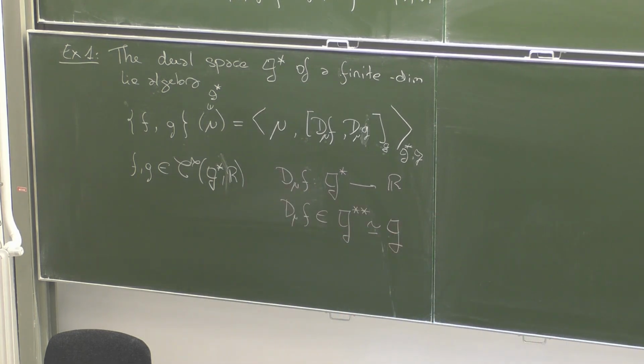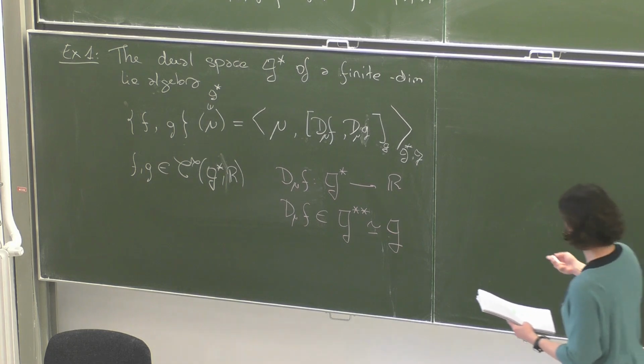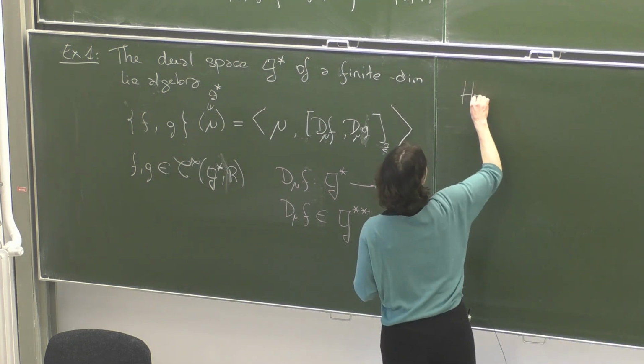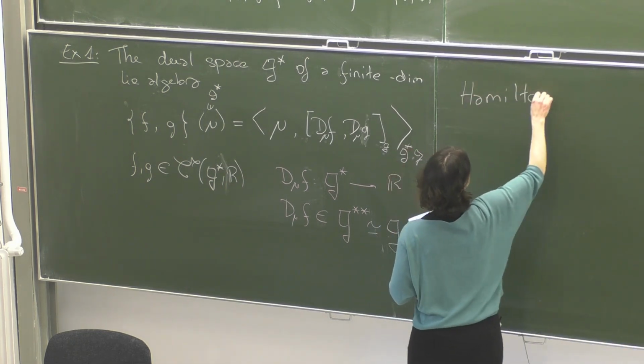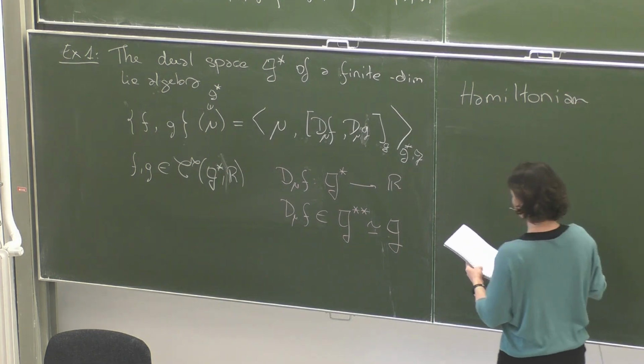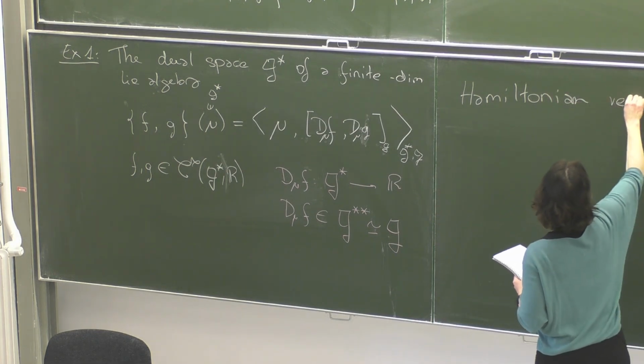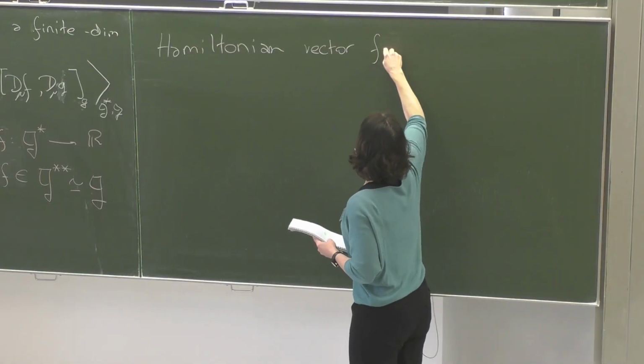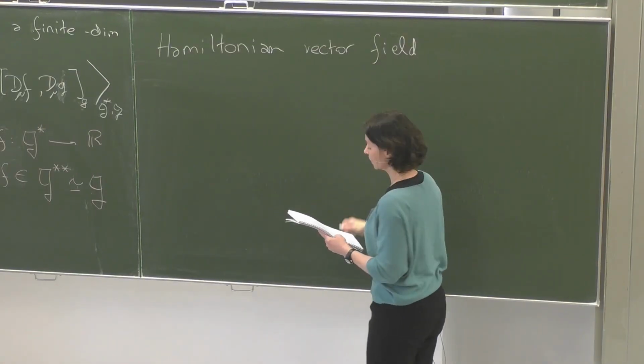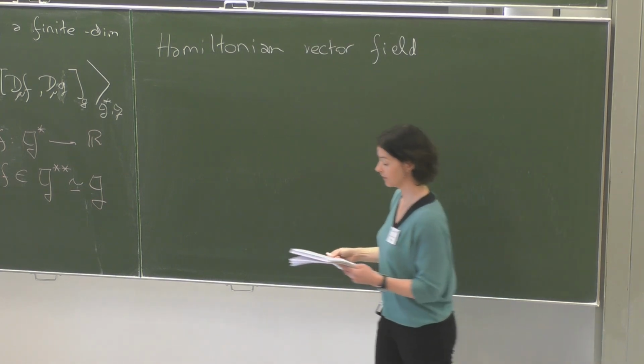In this case, Hamiltonian vector fields, I will define what it is right now. Of course, the aim of this is to do some mechanics, for instance. So to each function, we get a vector field associated.